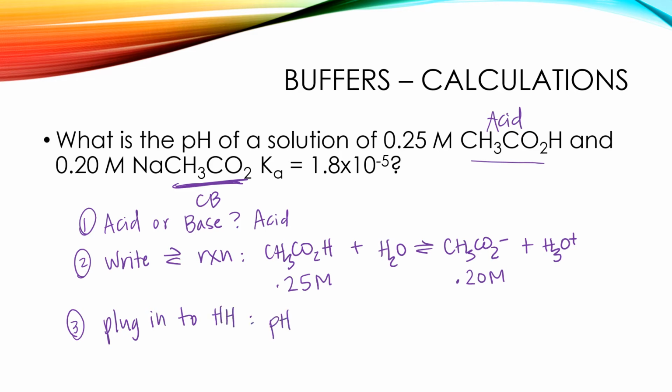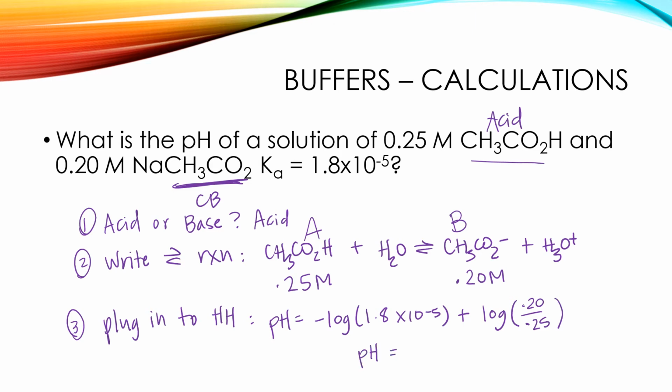So pH equals the negative log of the Ka, i.e. the pKa, plus the log of, it's always base over acid. That's why we identified what this was. This is my base, this is my acid. So 0.20 over 0.25. And I get that the pH is equal to 4.64.